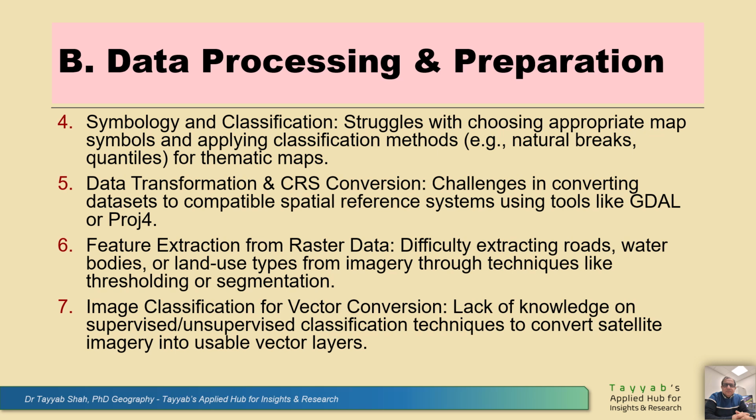There is a technique we call image classification. The lack of knowledge on supervised, unsupervised, or other classification techniques to convert satellite imagery into usable vector layers is a gap. It's also important to have a better understanding of why and when we need to use these things.